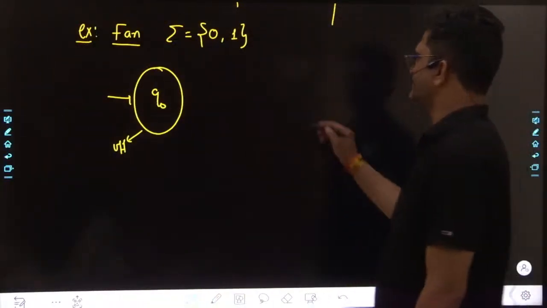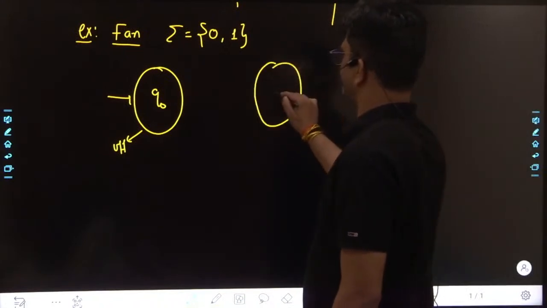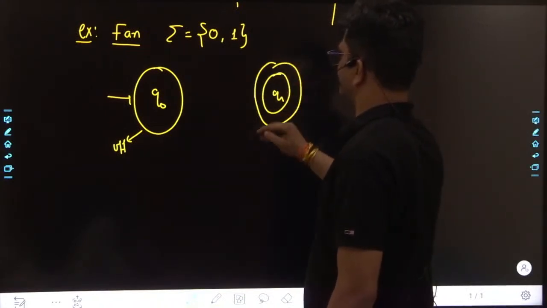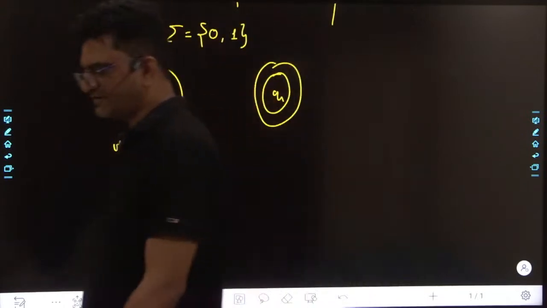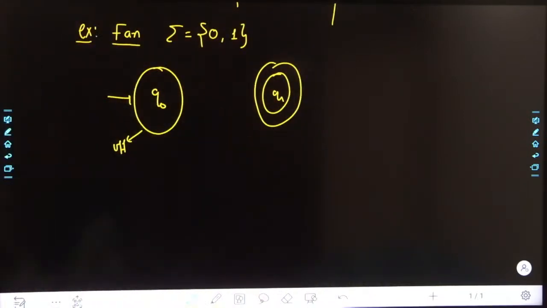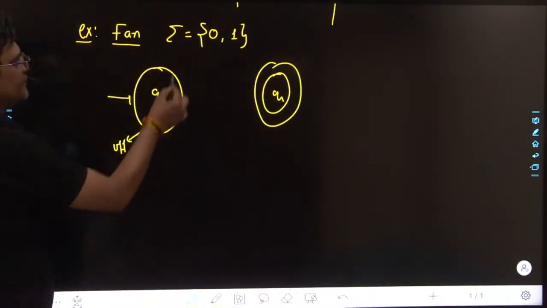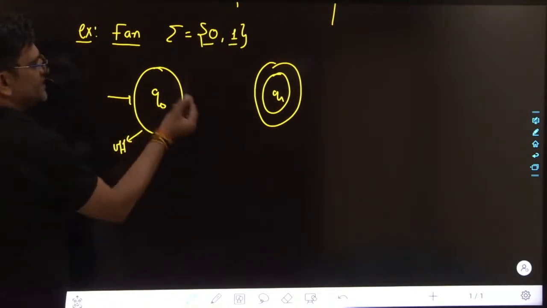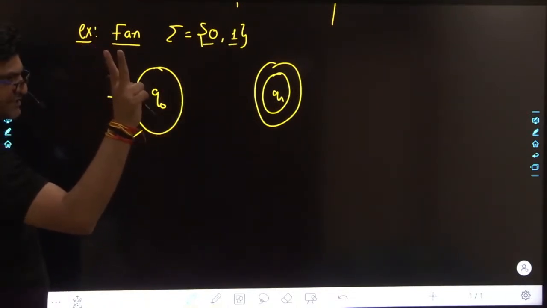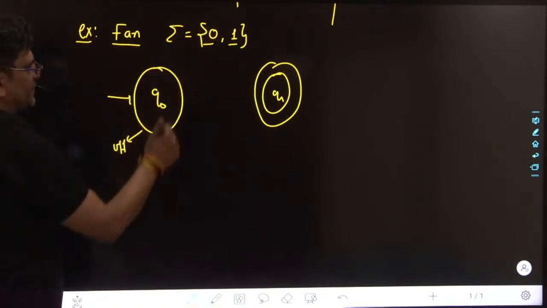And this is another state Q1, the final state, when the fan is running. Suppose we have two input symbols, so each and every state has exactly two transitions, one for 0 and one for 1.